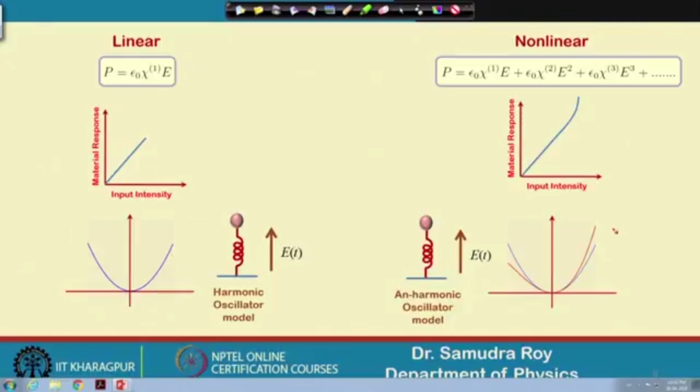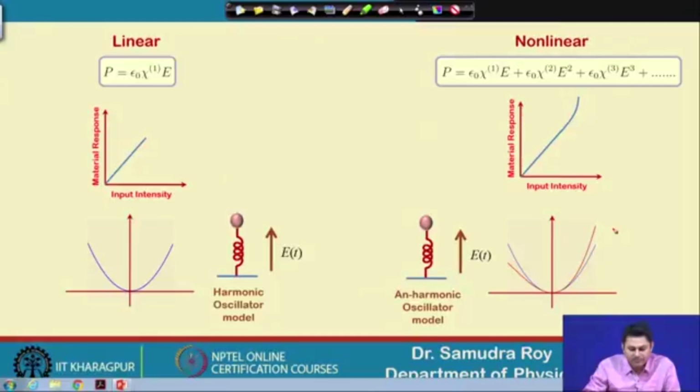So, this is basically a very rough estimation of how nonlinearity is appearing in the system, and very simply we can say that since my polarization P does not depend on electric field E in a linear fashion, and nonlinear terms in E square and E cube are there in the equation, my system becomes nonlinear. So, the material response will be nonlinear as shown here in this figure.